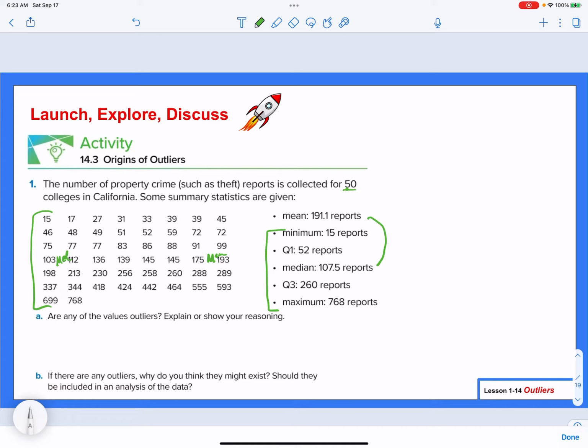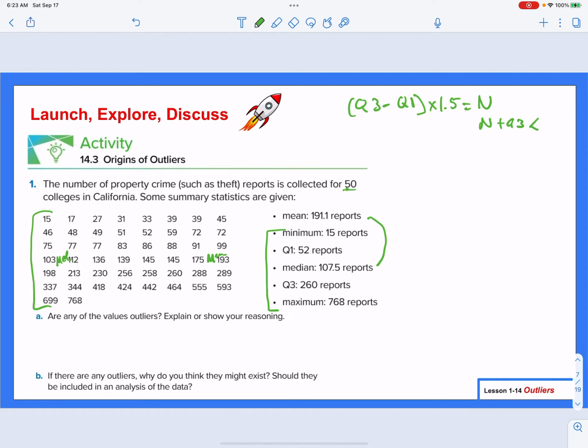Well, to be an outlier again, we're going to take Q3 minus Q1. Then we're going to multiply that by 1.5 to give us that value of an outlier. We will then take that value and add it to Q3 and see if a value is going to be greater than it or not.